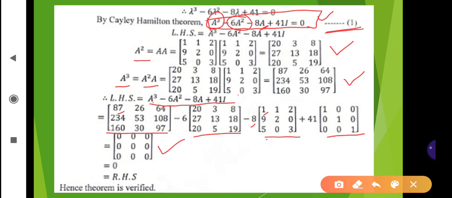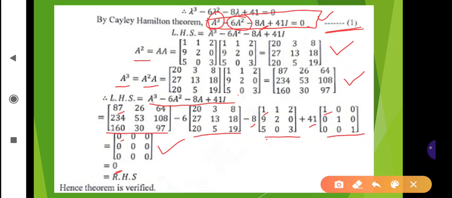So minus 33 minus 8 is minus 41, plus 41 into 1, that is 41, add that 41. So minus 41 plus 41 becomes 0. Similarly, do the addition and subtraction component wise or element wise, and we will get the 0 matrix.